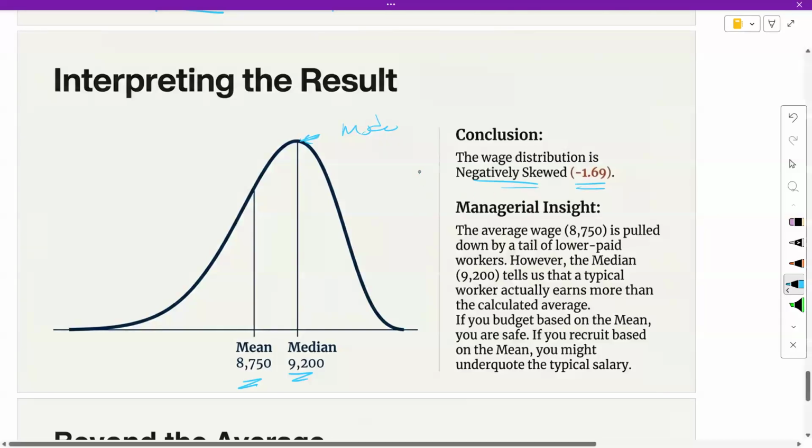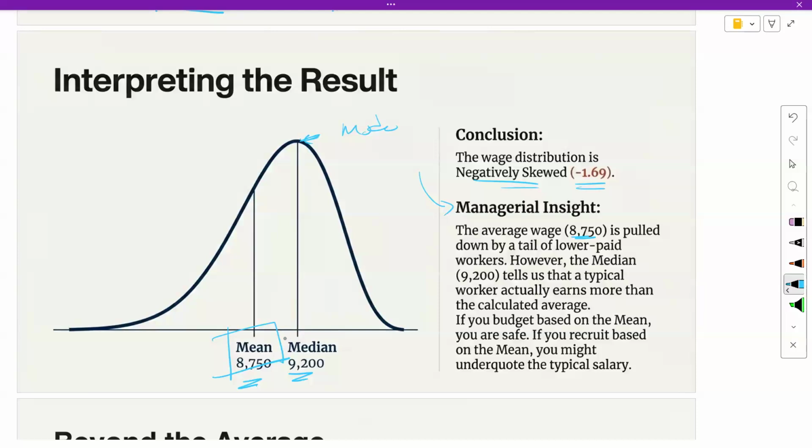How do managers perceive this? As management students, how can you perceive this? What is the meaning of this? What are the insights? The average wage, 8,750, is pulled down by a tail of lower paid workers.